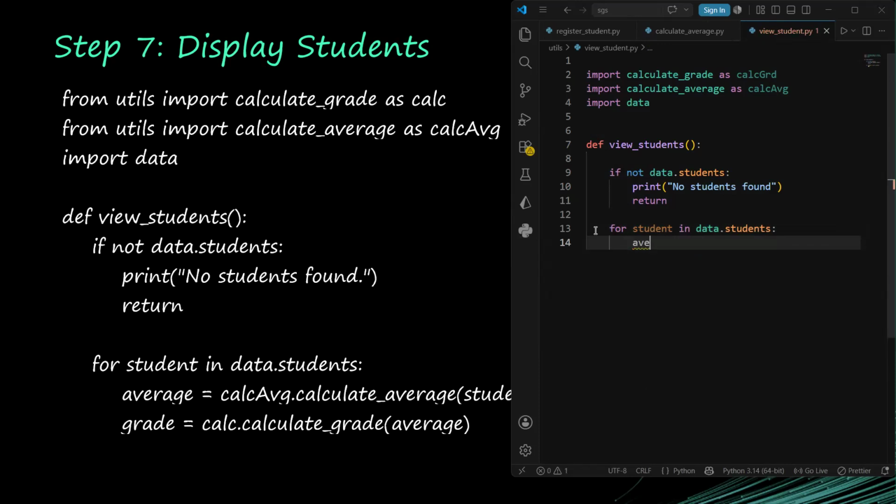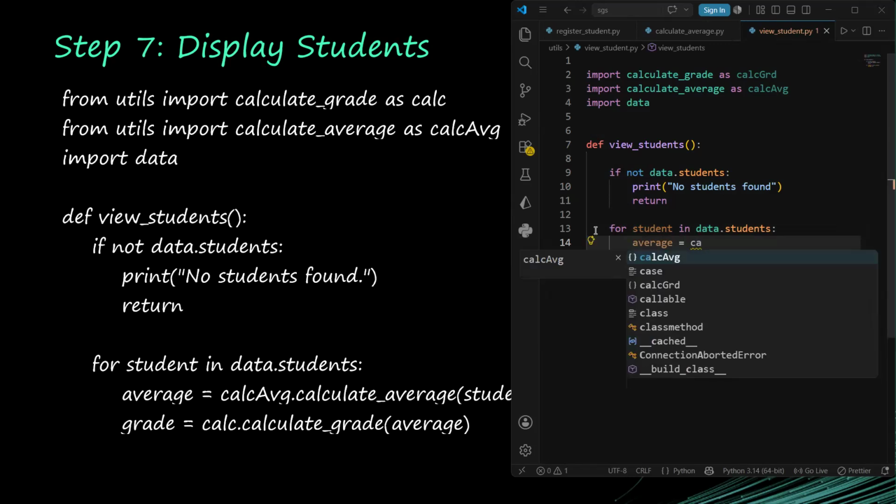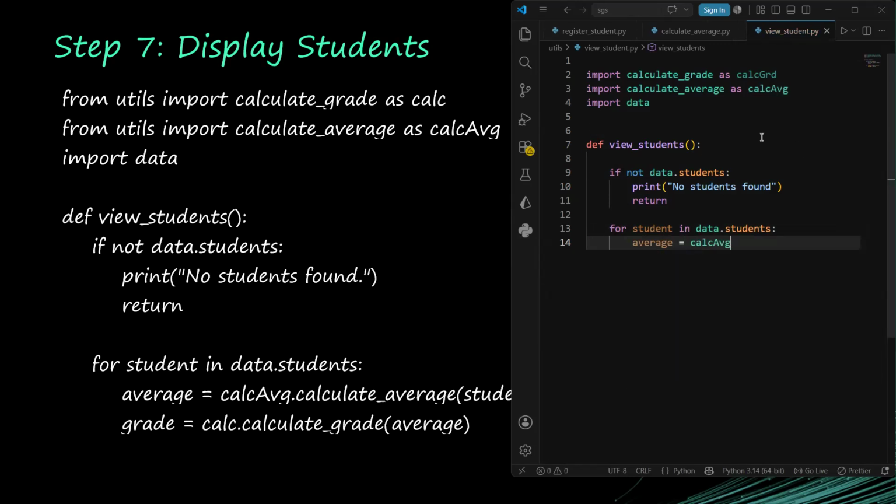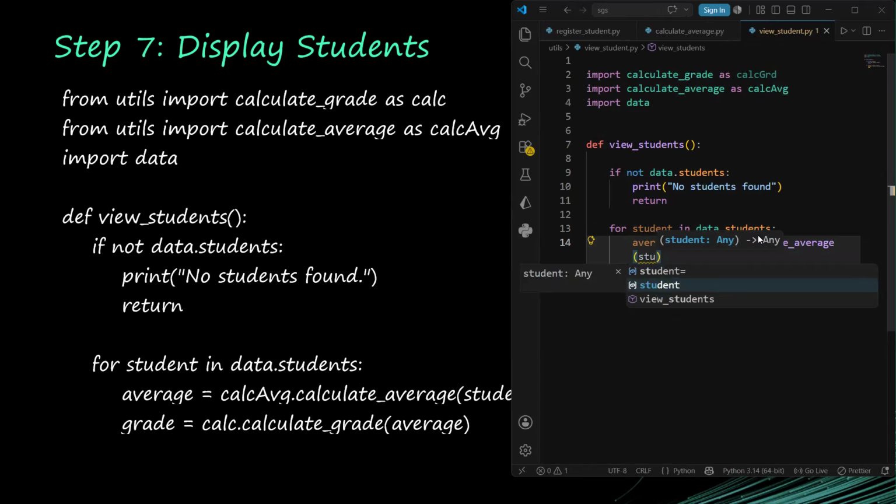We want to calculate the average score of the student. Remember, I imported the calculate average module as calc avg. So I'll say calc avg dot calculate average, and give it the student object. Remember, that's what it takes.